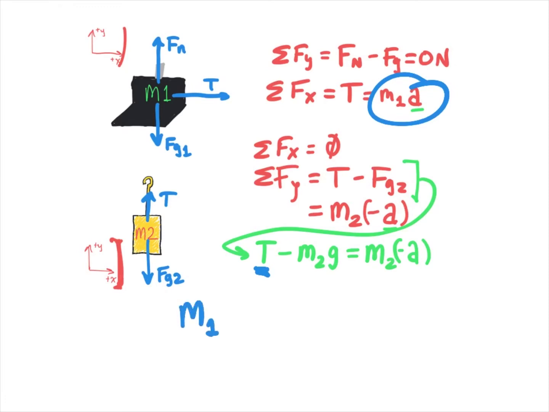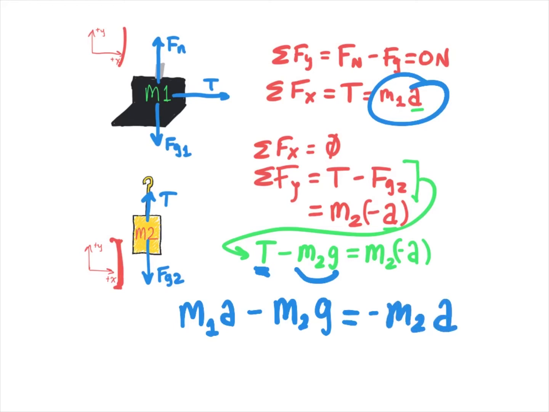Mass 1 times the acceleration of the system minus mass 2 times the acceleration due to gravity, that's this expression, which is the weight of mass 2, is equal to mass 2 times the net acceleration of the system. And I'm going to pull that negative term out here, and so I end up getting something that looks like this.